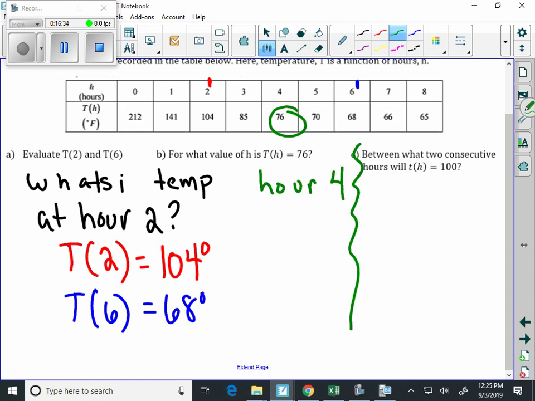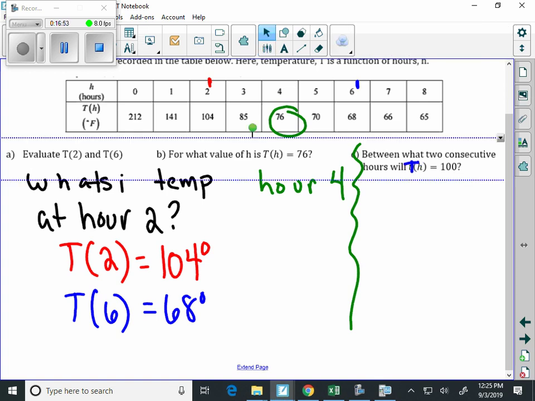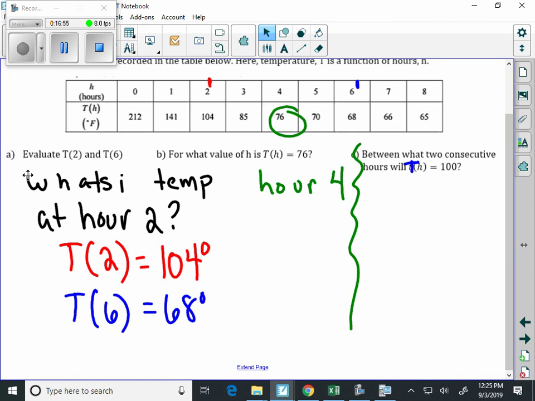And then lastly here on Part C, it says between what 2 consecutive hours will T of H equal 100? Well, the temperature should be a capital T there, but T of H equal 100. Between 0 hours and 1 hour, we go from 212 degrees to 141 degrees. Between hours 1 and 2, we go from 141 to 104.